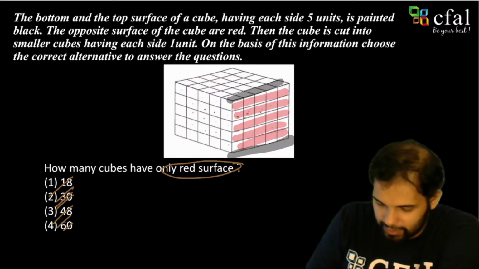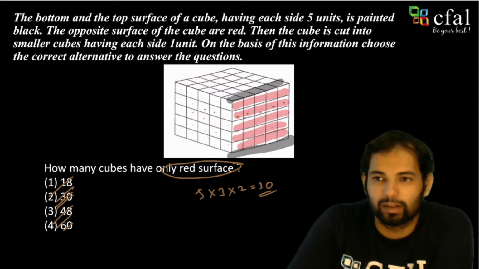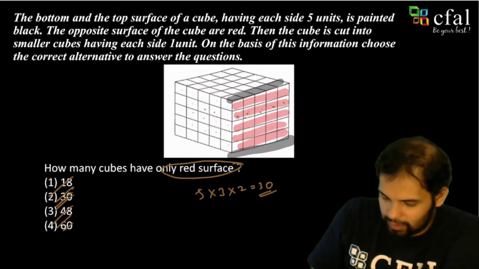So 1, 2, 3, 4, 5 into 3, 5 into 3 one side, into 2, 30. So 30 will be your answer. Okay, fine.